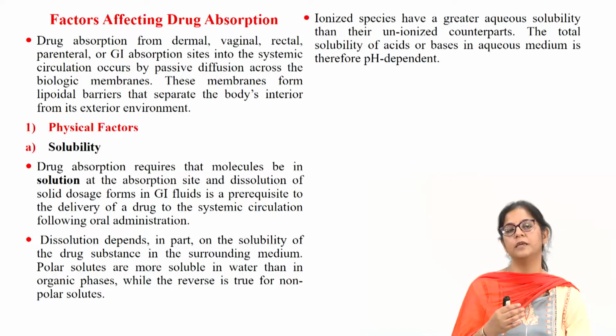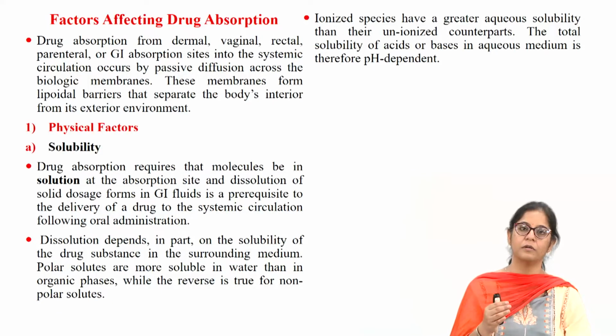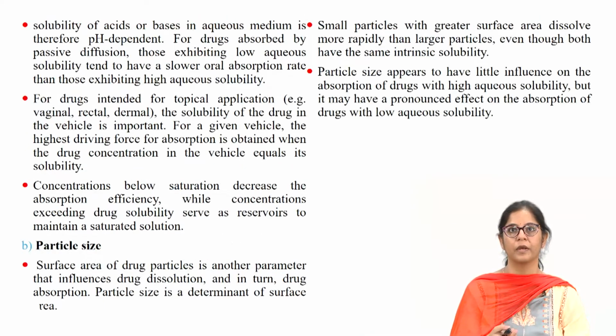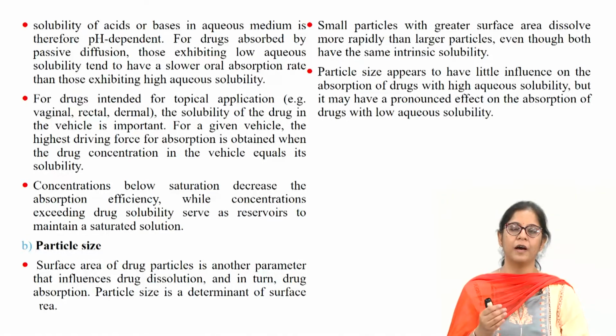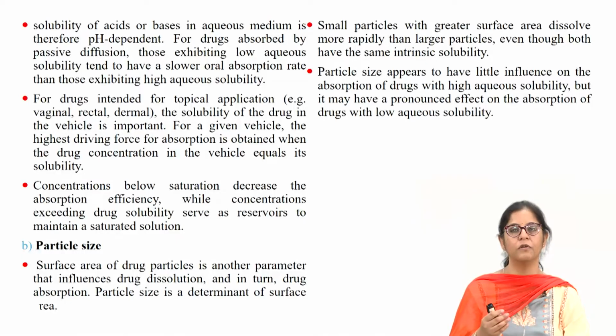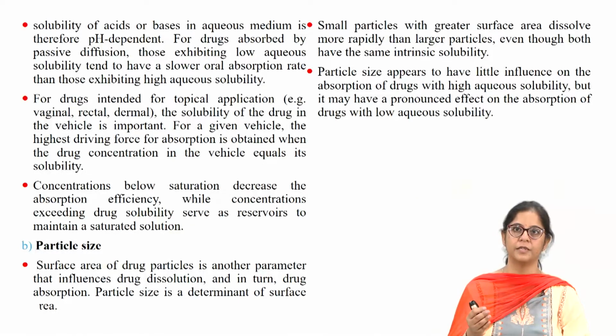So, the pH as well as the nature of the drug, both are influential in determining the actual solubility of the drug inside the body. Now, solubility of acids and bases in aqueous media is, as we have seen, pH dependent. Therefore, drugs absorbed by passive diffusion exhibiting low aqueous solubility tend to have a slower absorption rate in comparison to those exhibiting high aqueous solubility.